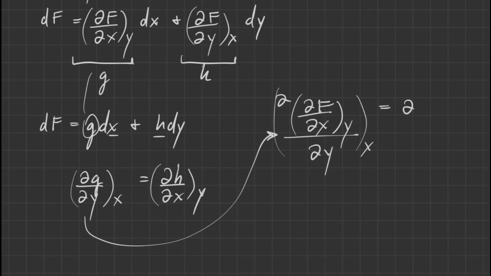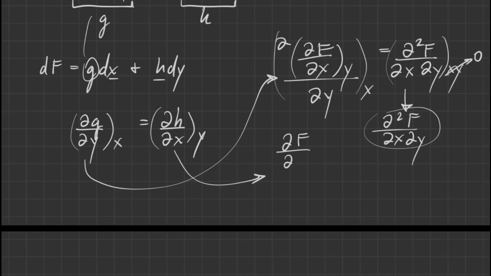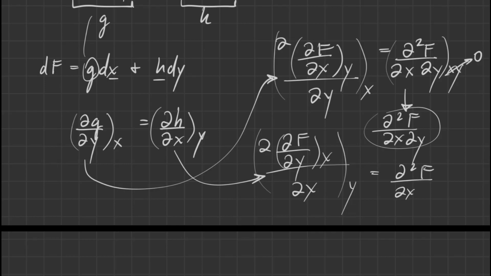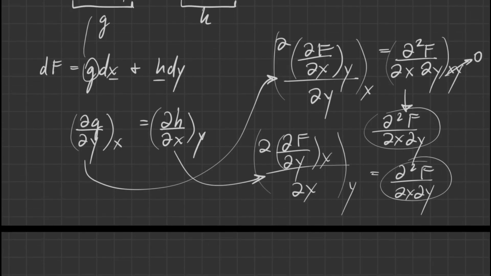That gets you the second partial derivative of f with respect to x and y. Notice that the other term does the same thing. If the function f meets the criteria for an exact differential, then it should be the case that these two are equal.